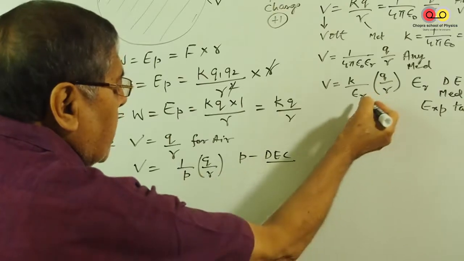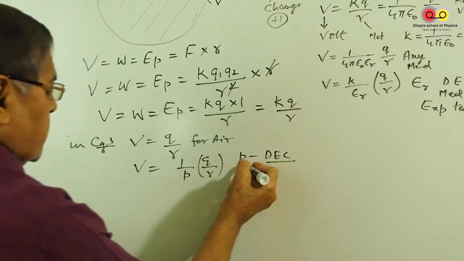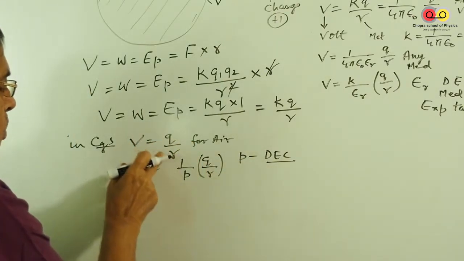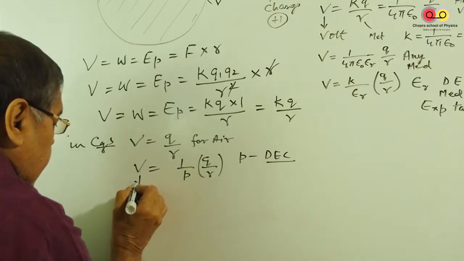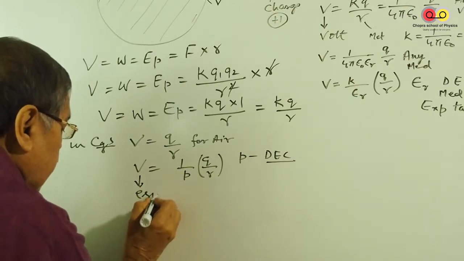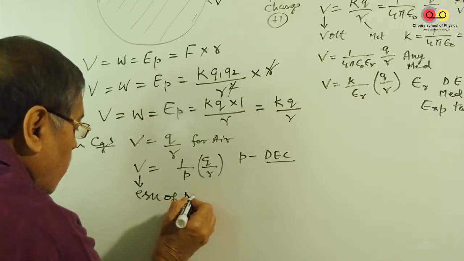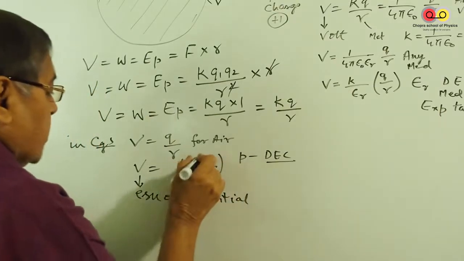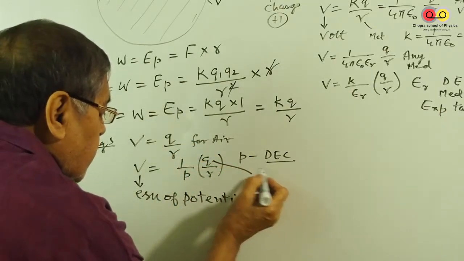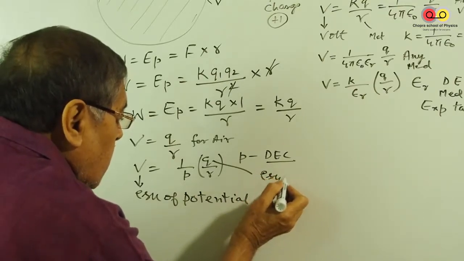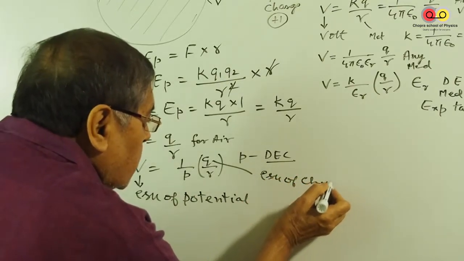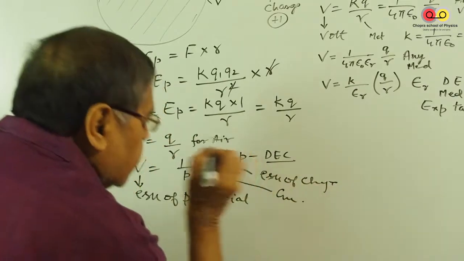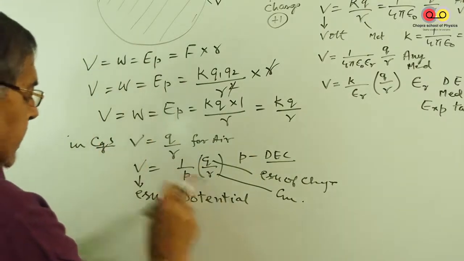So the symbol is different from epsilon R, but it is the dielectric constant, and for air medium P is taken as 1 and the formula will become Q over R. Here V is estimated in electrostatic unit of potential. Charge must be taken in ESU of charge. R will be taken in centimeters.